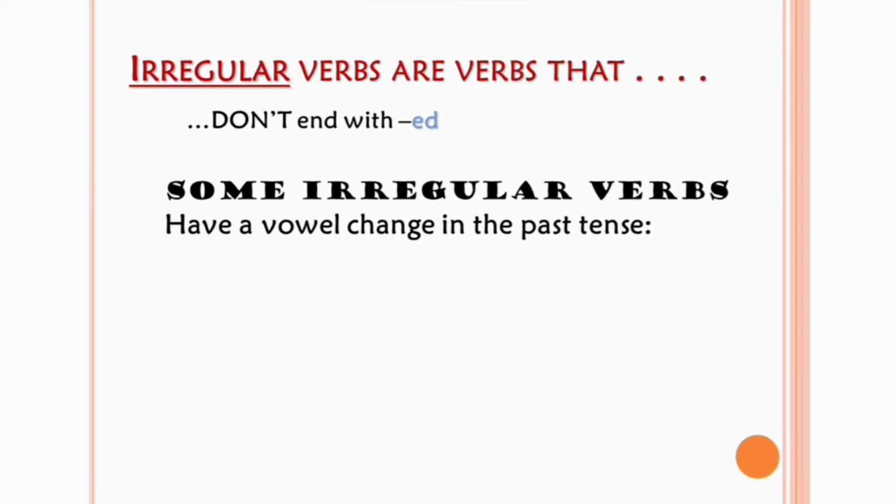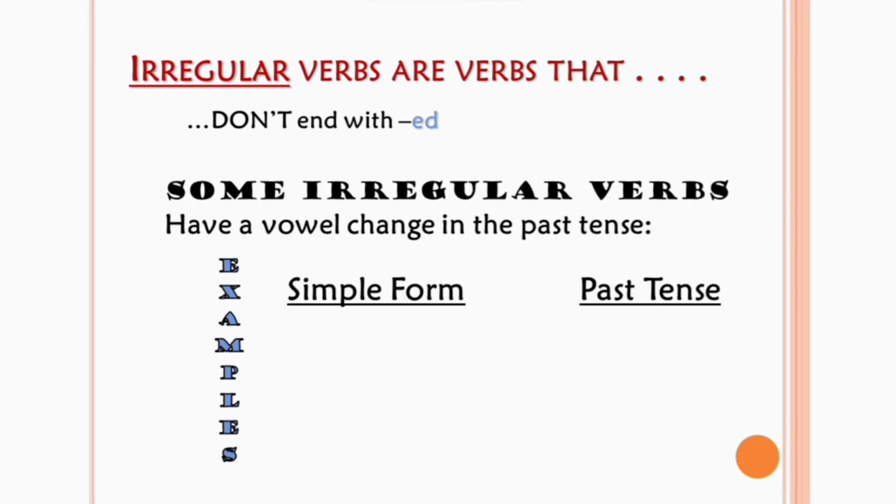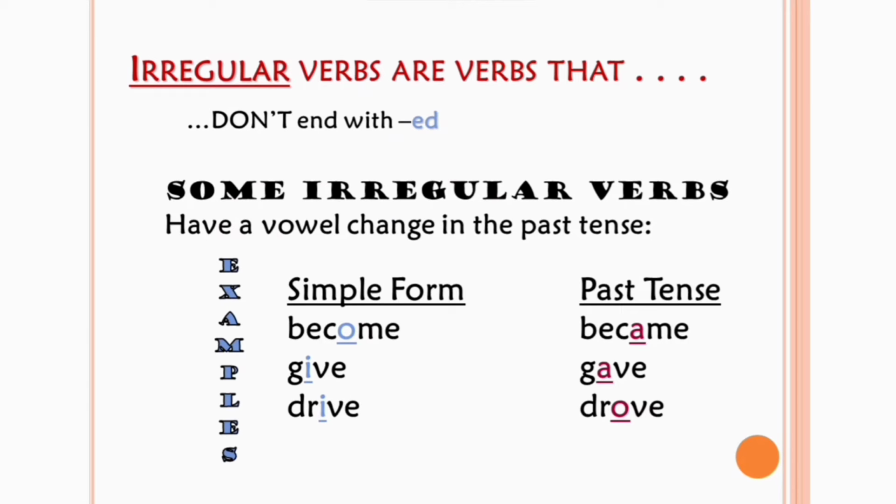Some irregular verbs have a vowel change in the past tense. Here are some examples. In the simple form and in the past tense: become, became, give, gave, drive, drove, forget, forgot.